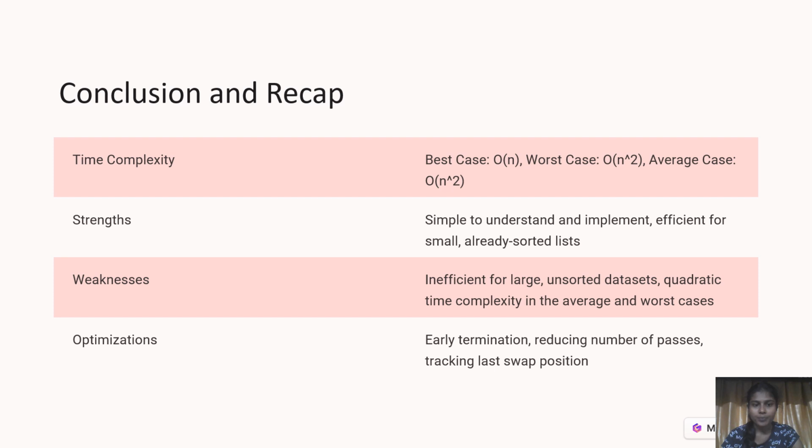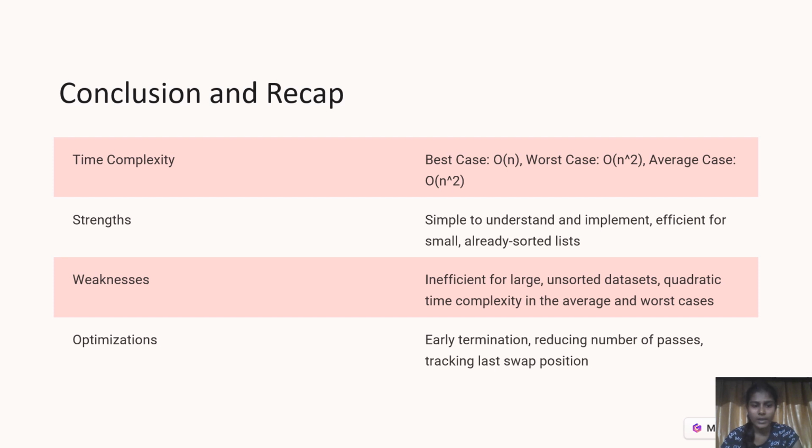Conclusion and recap. Time complexity, strengths, weaknesses, and optimizations of bubble sort. The time complexities of bubble sort are best case, worst case, and average case. Best case can be written as O of n, worst case as O of n power 2, and average case as O of n power 2.